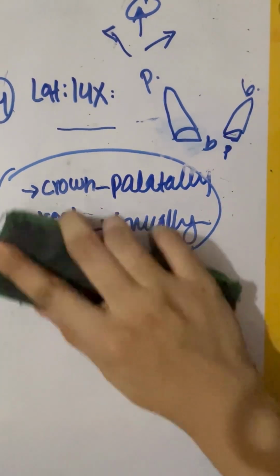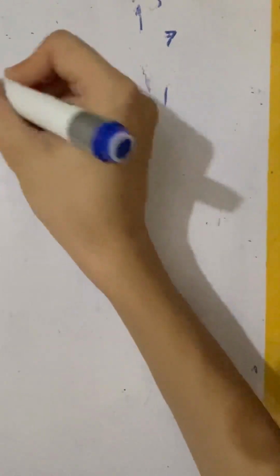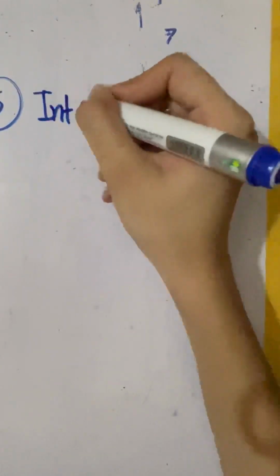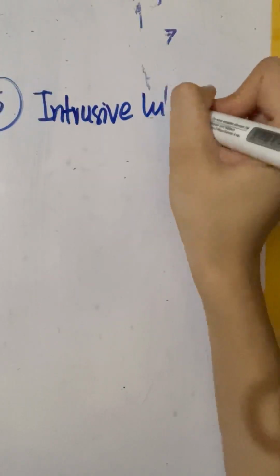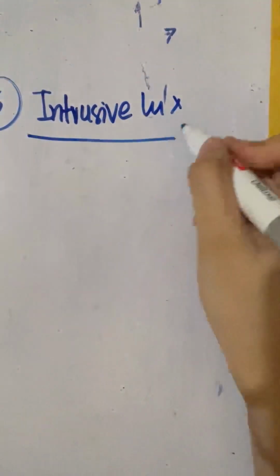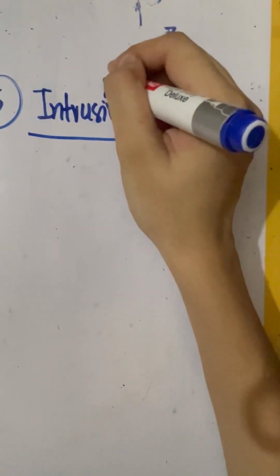Now the intrusive luxation. What is intrusive luxation? Intrusive luxation means that the tooth is moving axially.